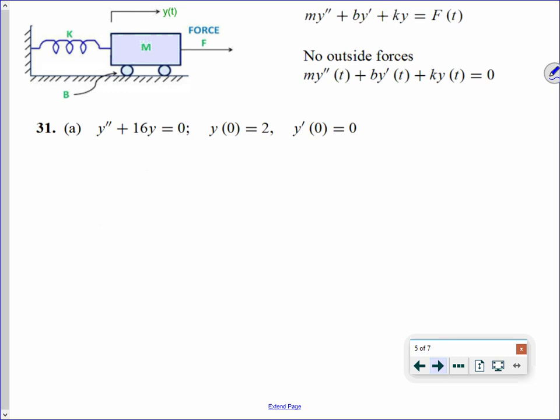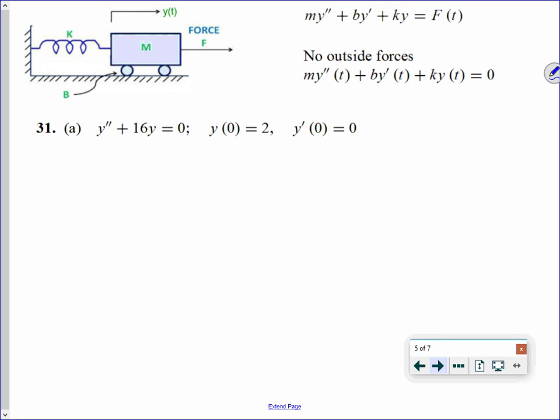Remember, M is the mass of the object that we're moving around. B is the damping force. It generally works opposite the velocity. And K is the spring constant. And F of T is some sort of outside force that's acting on it. Something might be giving it a little extra push or a little extra pull.